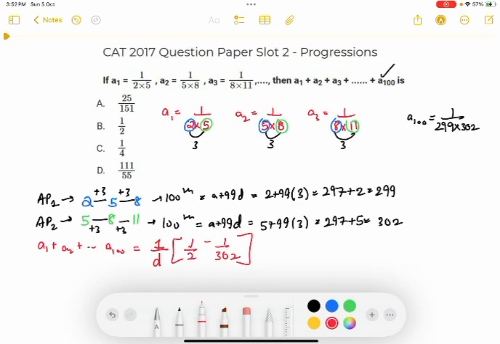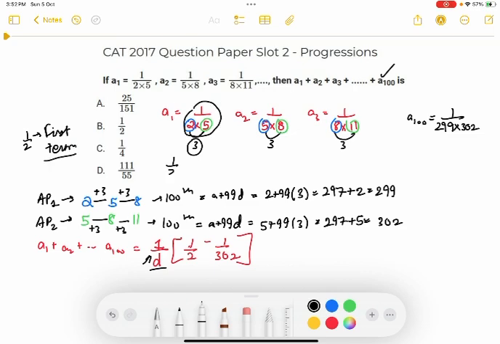This 1 upon d means the difference, that is the difference of 3 between the terms. Now 1 upon 2 is the first term. You can write this as 1 upon 2 minus 1 upon 5, and you will get the same answer.